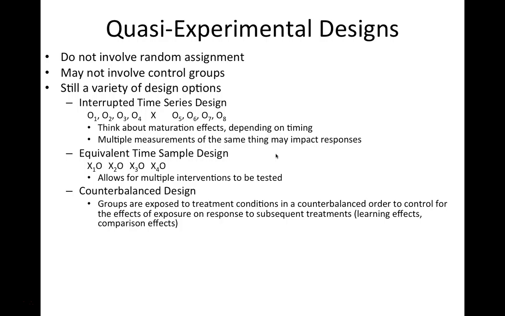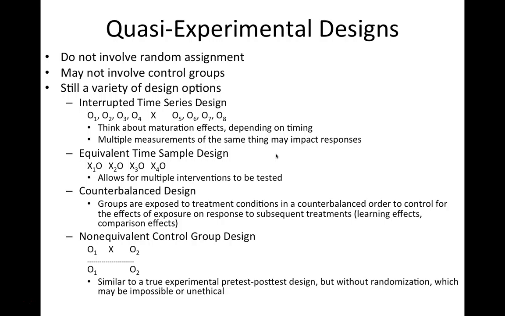Counterbalance designs is where groups are exposed to treatment conditions in a counterbalanced order to control for the effects of exposure and response to subsequent treatments, like learning effects, comparison effects, something like that. And so this would be in which one group gets, let's say, intervention number 1 first, and then the other group gets intervention number 2 first.